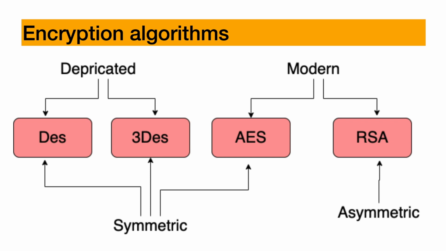The next is of course the encryption algorithms, and as you can see, I have covered many of the algorithms there. We have DES, we have 3DES, we have AES, we also have RSA. Now let's start from the DES encryption algorithm. It is a symmetric key encryption algorithm, as you can see in the diagram.